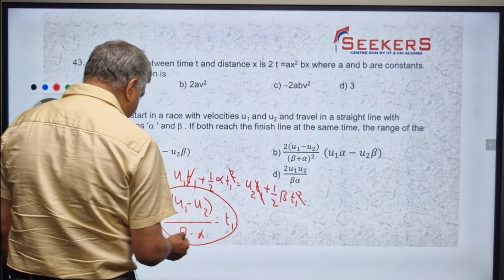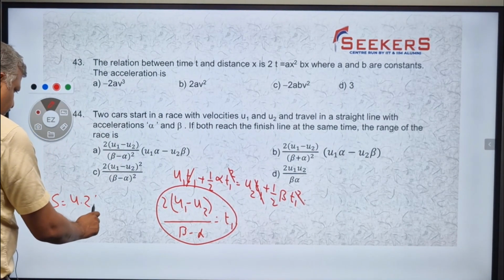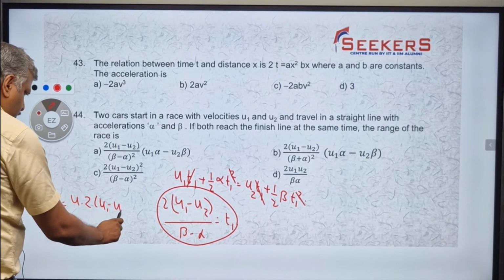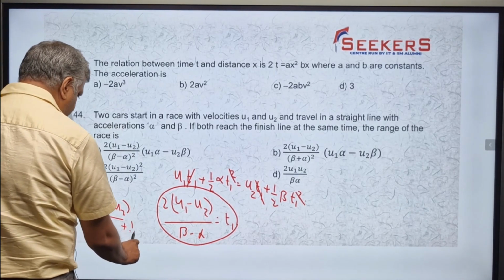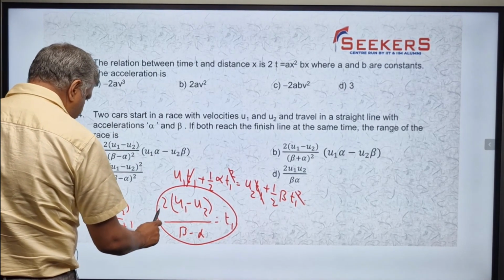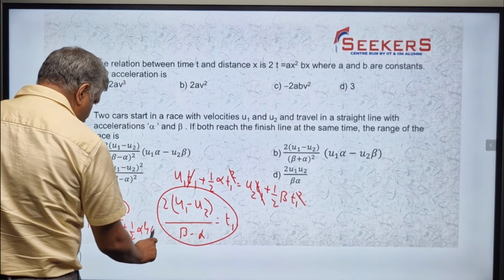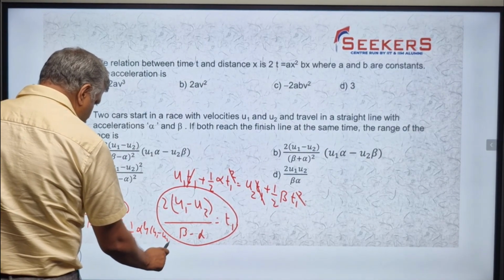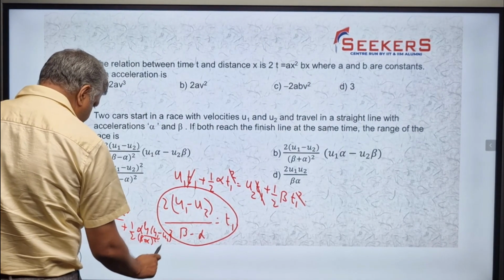Now to calculate the range, S is equal to u1 into 2 times u1 minus u2 divided by beta minus alpha plus half into alpha into t squared. T squared will become 4 into u1 minus u2 the whole square divided by beta minus alpha the whole square.